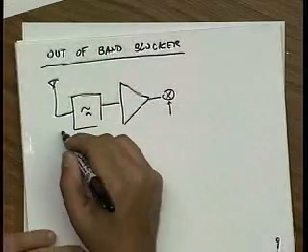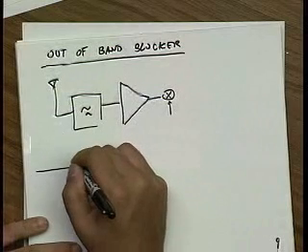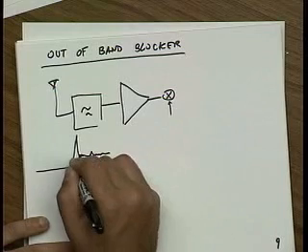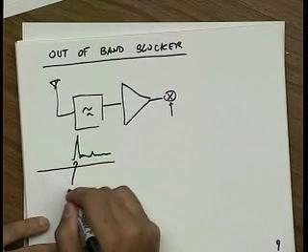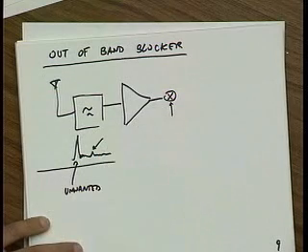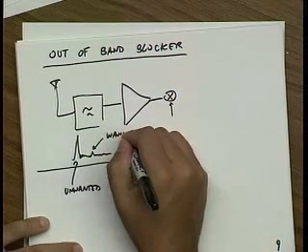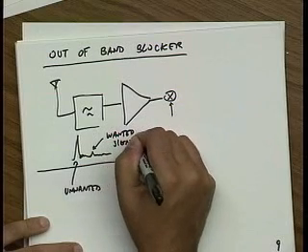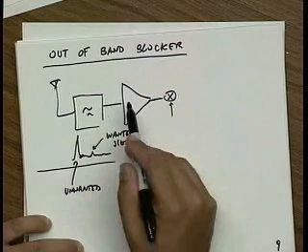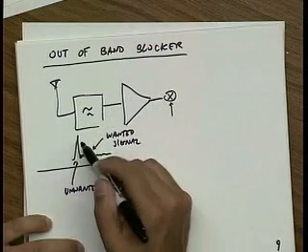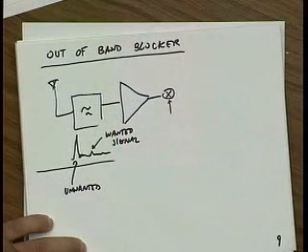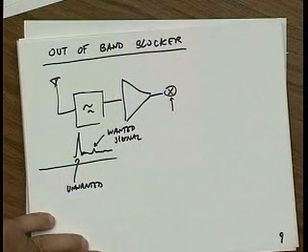I have, let's say, on a spectrum diagram, the strong signal, which is the unwanted signal. And then this tiny signal here is the wanted signal. Okay? So the question is, can I put this through an amplifier and hope that this unwanted signal doesn't mess things up? Okay? And what we'll see today is that, in fact, no.